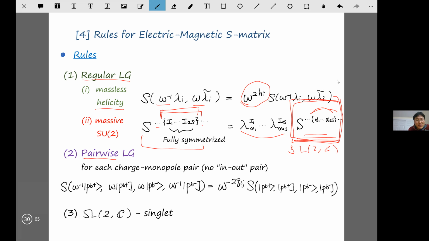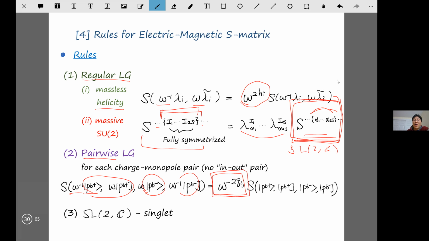Under pairwise, now you just rescale the same way, both the plus variables and then the minus variables accordingly. Then under that, you should pick up the correct pairwise helicity factors. But remember, in the regular case, you pick up the plus 2h. In the pairwise case, you pick up the minus 2h.